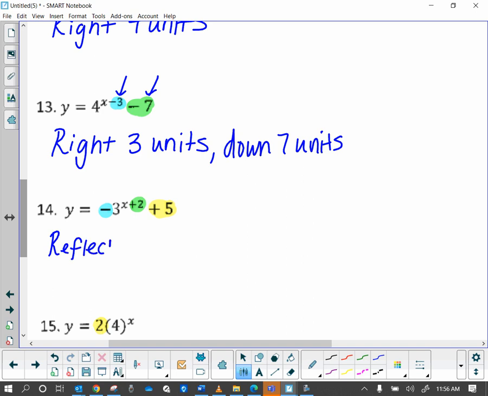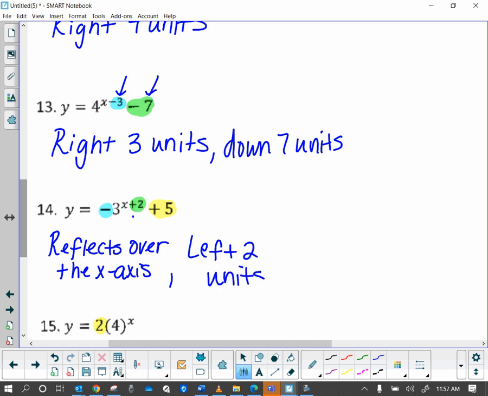So it reflects over the x-axis. What does the plus 2 do? Right here. Was you left? Left 2 units. Okay, and then what does the plus 5 do? Up. Up 5.